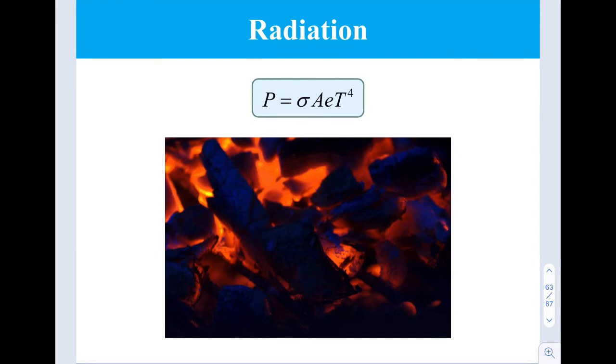Next one is radiation. This is the third means of energy transfer, which we shall discuss under electromagnetic radiation. All objects radiate energy continuously in the form of electromagnetic waves.